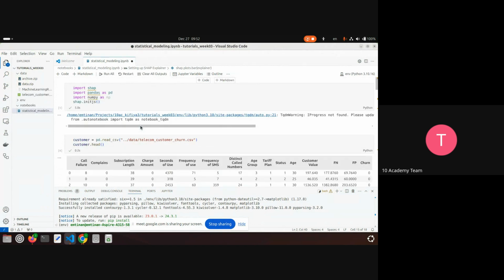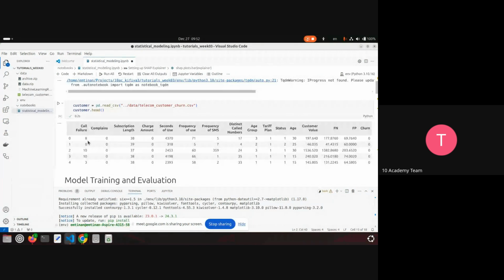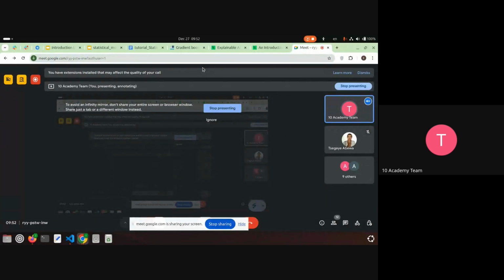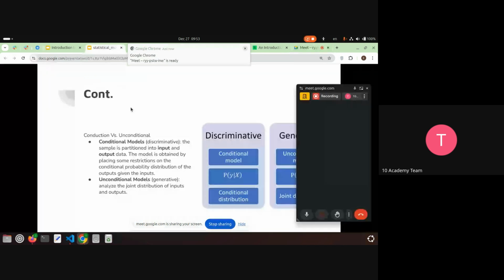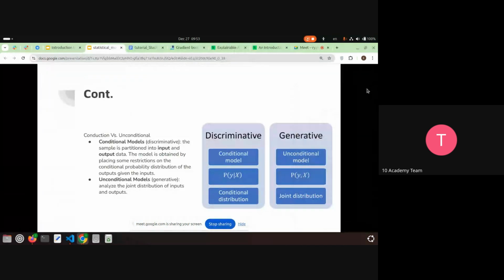In the data you have, this is just sample data I have here, you have multiple variables, right? You have multiple columns. These are the multiple variables you have in your data. Depending on what questions you're trying to answer, you are looking for a joint probability distribution for your variables.